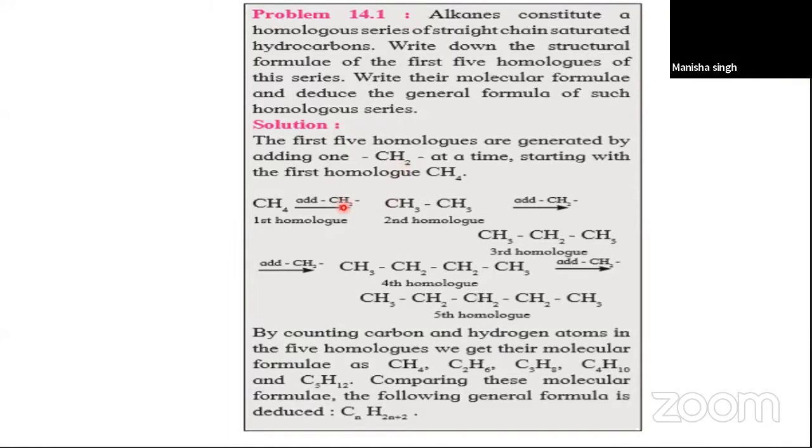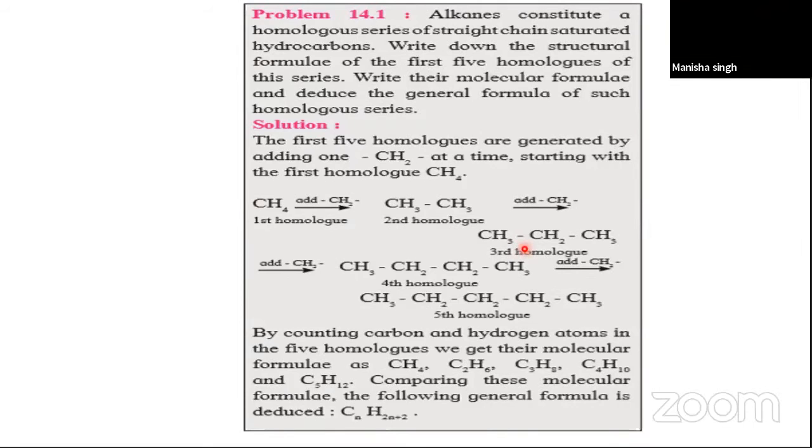So here the first one is CH4, that is methane. What will we add to methane? CH2. So how much will it become? Carbon will be 2 and hydrogen will be 6. So the second homolog will be CH3CH3. Then we add CH2 to the second homolog, so carbon will be 3 and hydrogen will be 8.